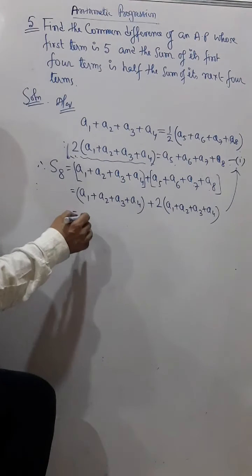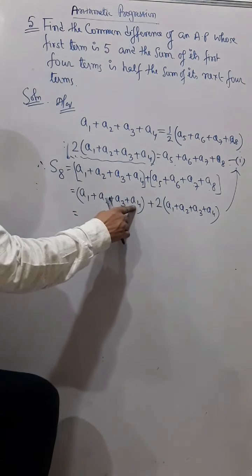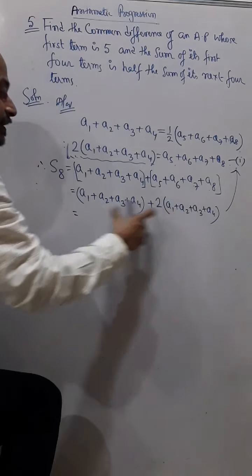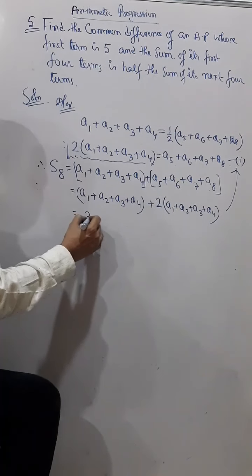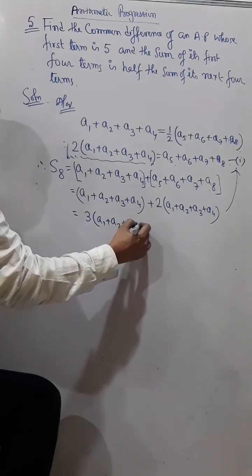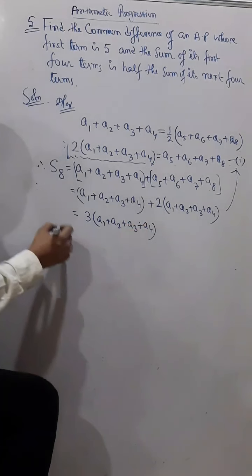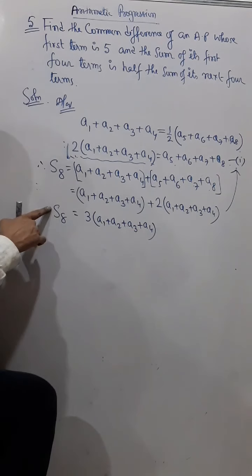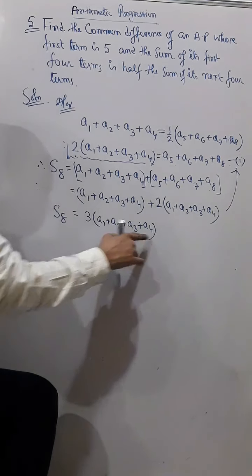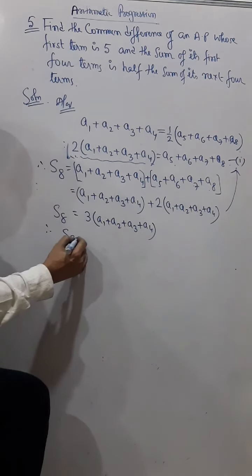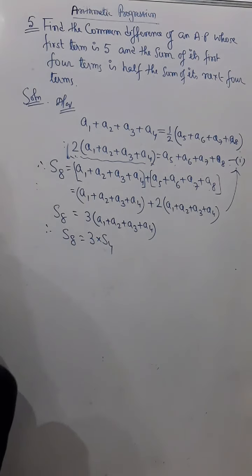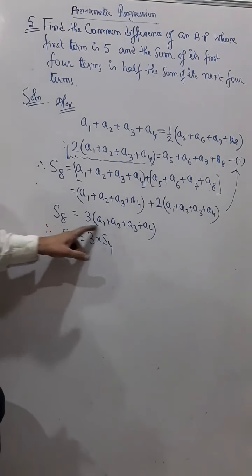Now this one is A1 plus A2 plus A3 plus A4, and plus 2 times A1 plus A2 plus A3 plus A4. If I add this and this, it is 3 times A1 plus A2 plus A3 plus A4. So finally we get S8, the sum of 8 terms, is equal to 3 times the sum of the first 4 terms, and therefore S8 is equal to 3 into S4. Understand? So this is our final conclusion.